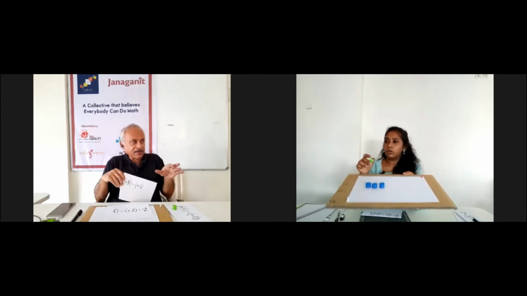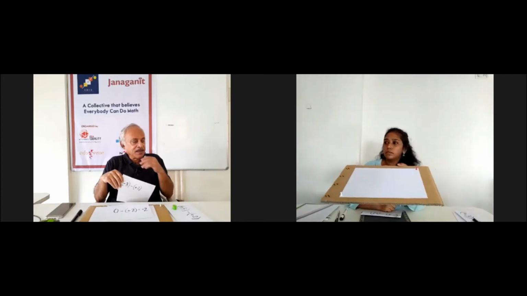Okay, let's go back. Have an account of value 0. Start with an account of value 0. Completely nothing in it. Okay, that has value 0. Can you keep the value as 0, but also have +2 in that account?